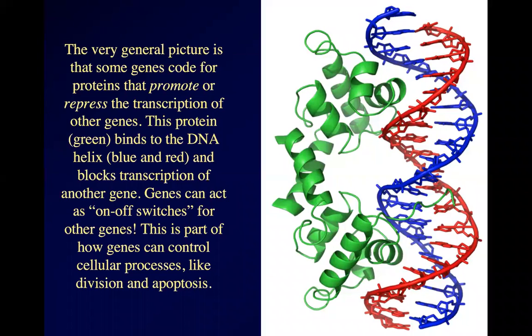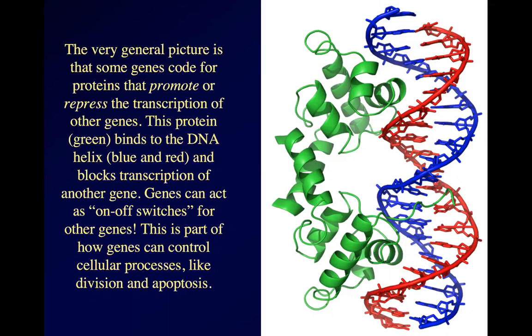So the upshot is that a cell can create one protein through transcription and translation, that protein can come back to the DNA and turn on another gene, encourage it to get transcribed and translated, or stop another gene from getting transcribed and translated. So genes can act as on-off switches for other genes.